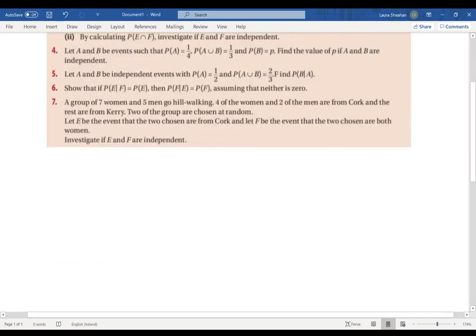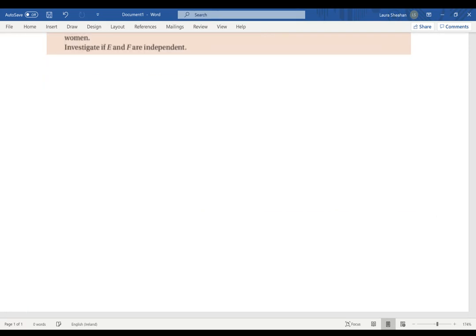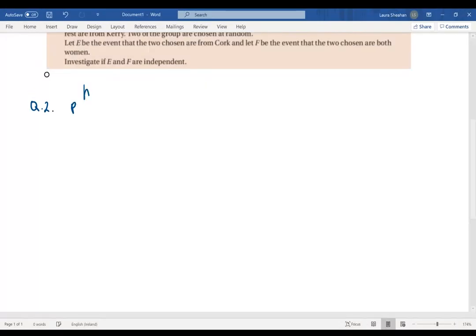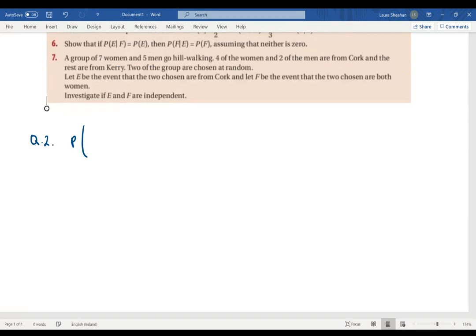So I'm asked to calculate P(A) and P(B). The probability of A is at most one boy. We said that was no boys or one boy. There are a couple of different ways you can do this.